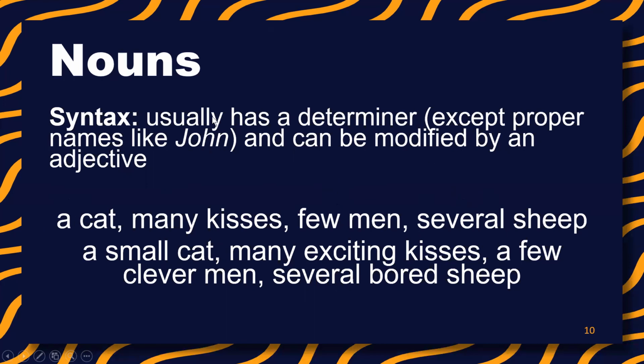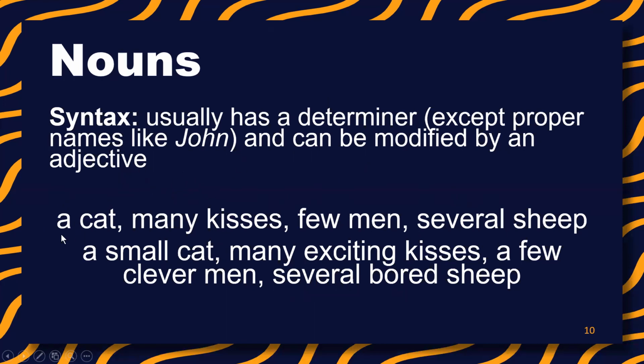So that is usually the syntax or pattern, the combination: determiner and then noun, and it can also be modified by an adjective. So usually determiner first and then the noun, or if there is an adjective, determiner, adjective, and then the noun.